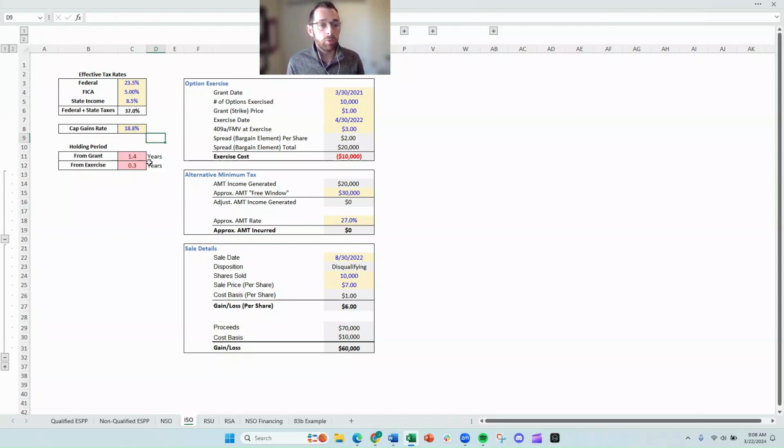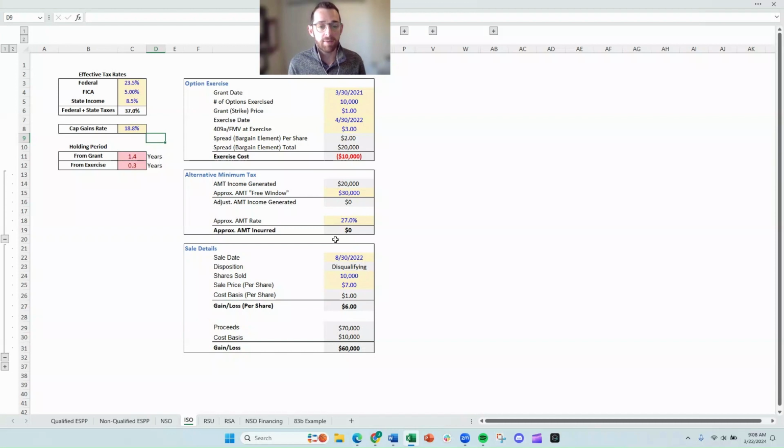We have only held the shares from exercise basically a quarter of a year. Remember, this is August 30th from April 30th to August 30th, and we haven't held the shares for at least 2 years from grant. So we would have had to have held these shares at least through March 30th plus a day of 2023. That would have given us 2 years from grant.